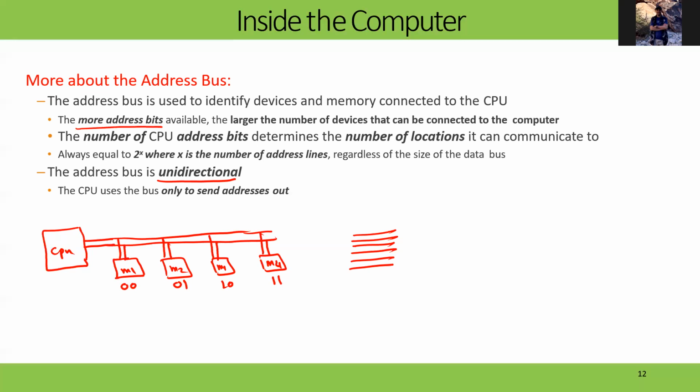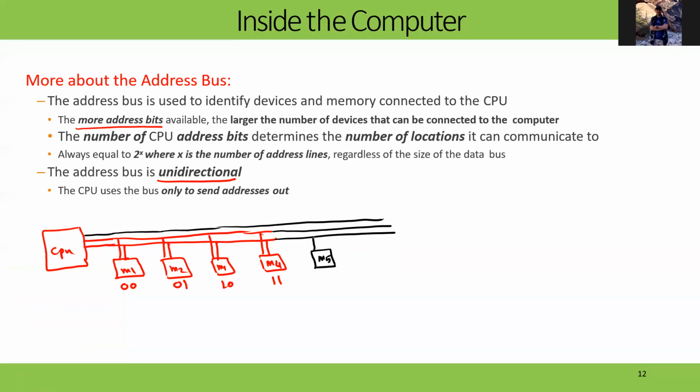Now, if you have a 5th module, you cannot connect it to that system because it will not have a unique address, because 2 wires can carry 2 bits, and these 2 bits can have only 4 distinct combinations. If you have an extra module and you want to connect it, you must increase the width of the address bus, so you must add an extra line here, so that you can connect your 5th, or maybe 6th, 7th and 8th as well.